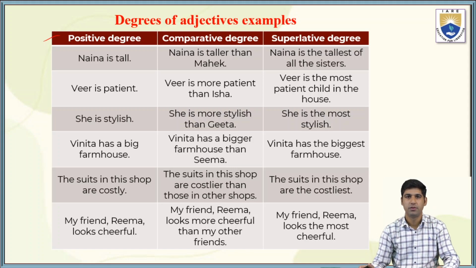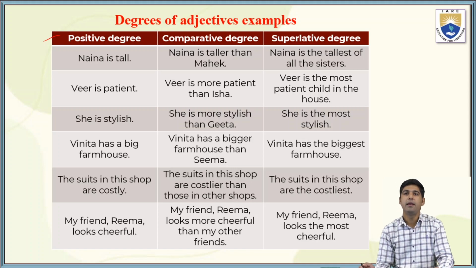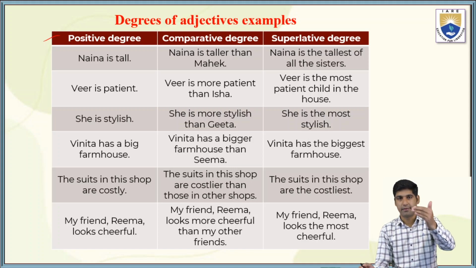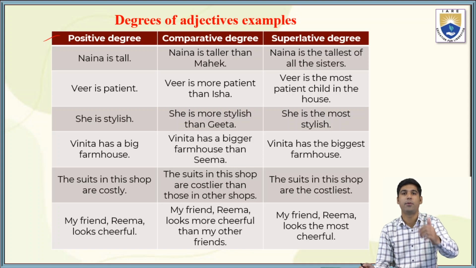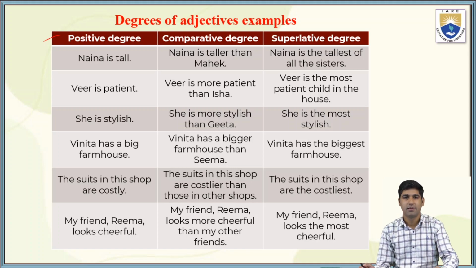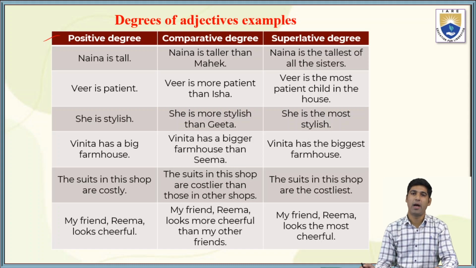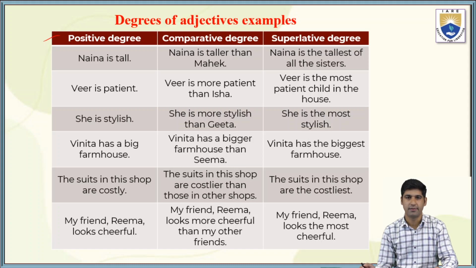Then in the superlative degree, it shows the higher degree of the quality which we are discussing. Comparison is made between more than two nouns or pronouns. It may include objects, ideas, anything else. And this is the superlative, the highest degree of comparison.